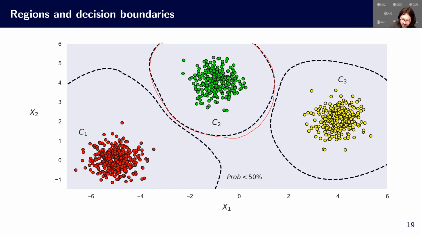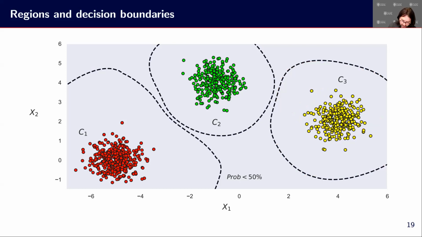So all this region is the part of the space where the posterior P(C_2 | x), so the posterior for class 2, is higher than 0.5. And likewise for class 3 here. This is the region where everything is from class 3, the posterior is 0.5 or higher for class 3.